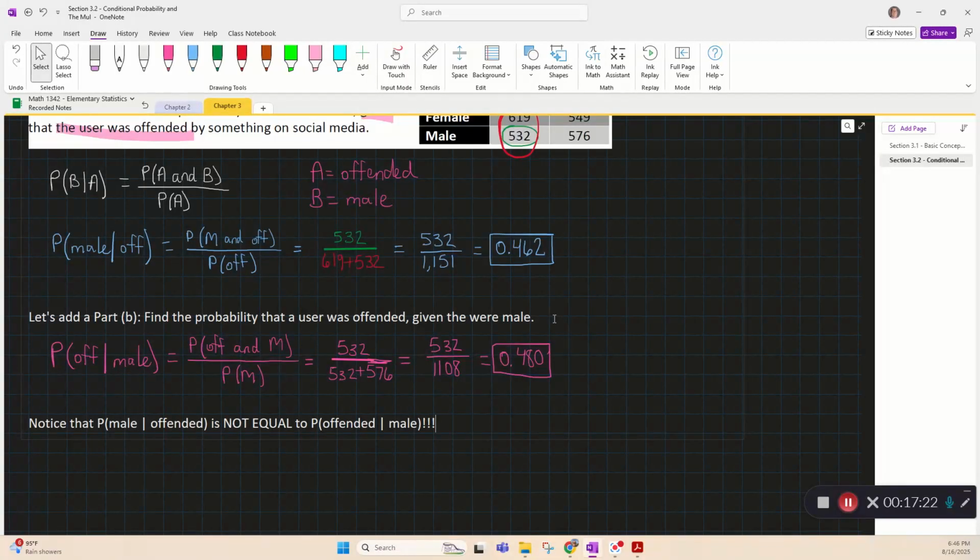So don't get caught up and think, oh, these are the same thing. No, they're not. They are different values.